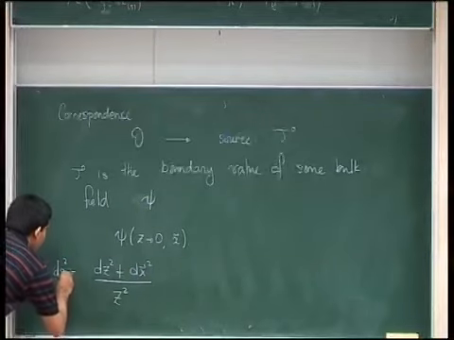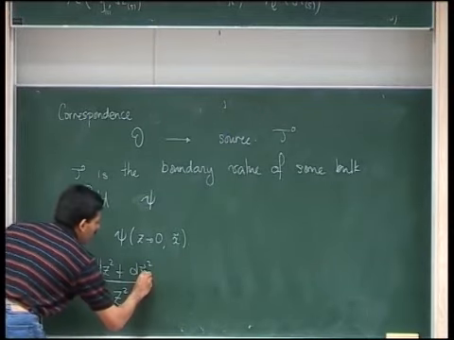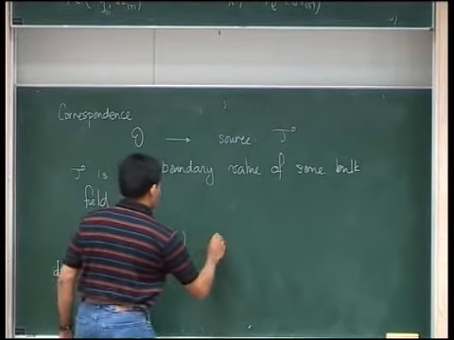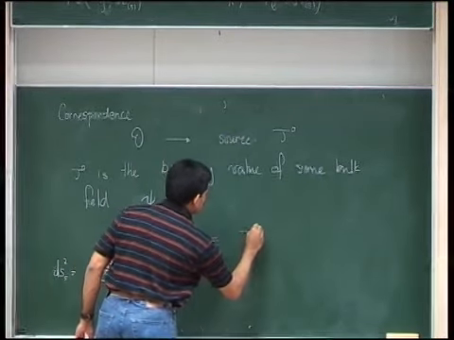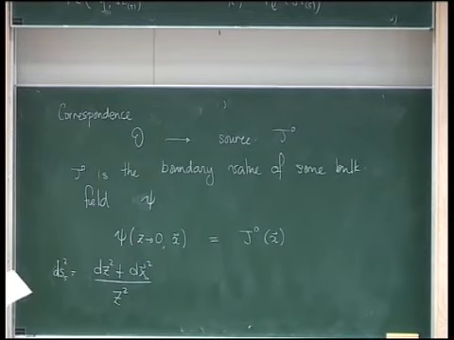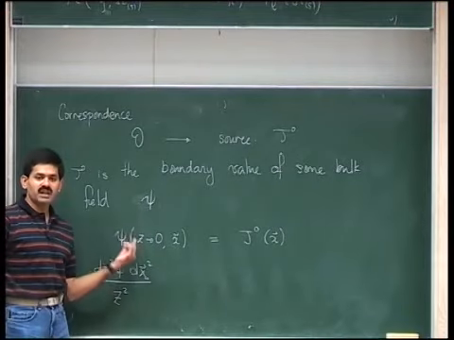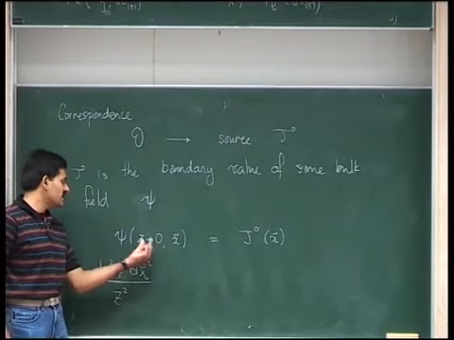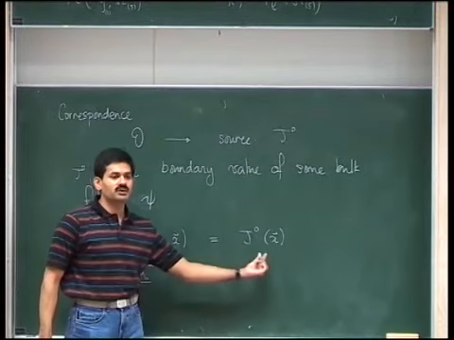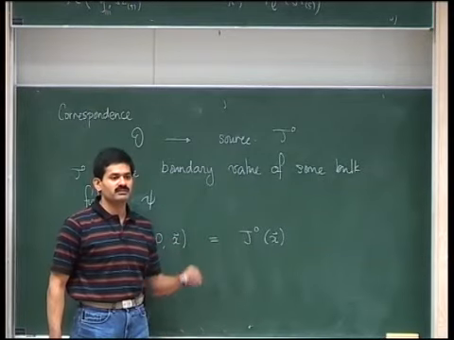This is a 5-dimensional metric. The x vector refers to 4-dimensional R4. Schematically, there is a bulk field psi whose value as z goes to 0 is the value of the source I want to insert on the boundary.